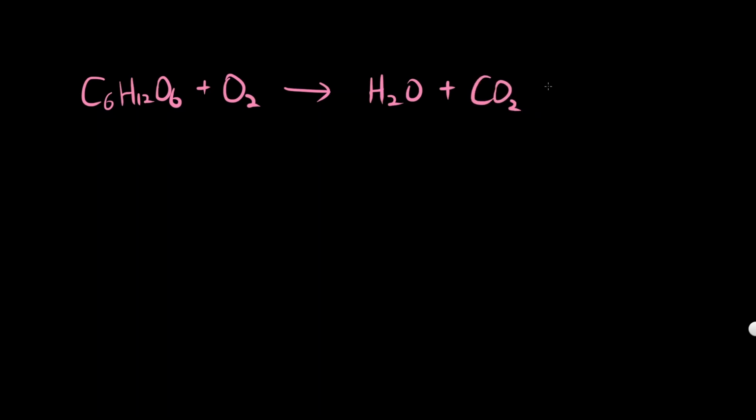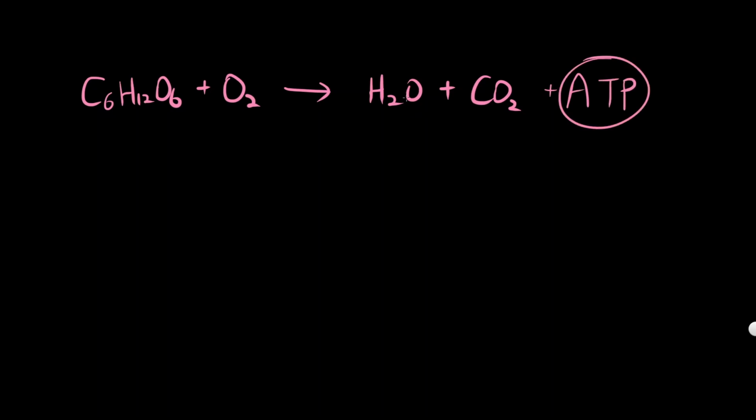So basically, whole overview of the cellular respiration: you start with glucose, C6H12O6, and then in the presence of oxygen, you're going to make water, and then you're also going to make carbon dioxide, and then a whole bunch of ATP.